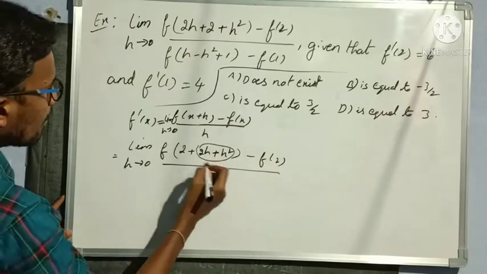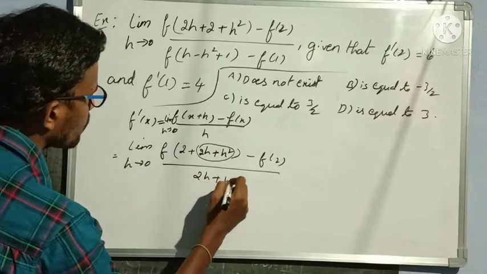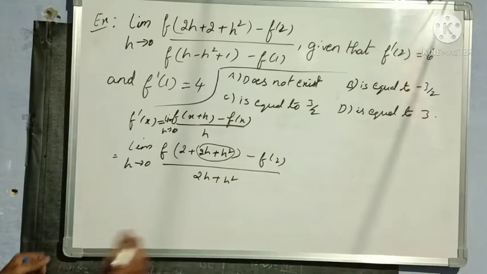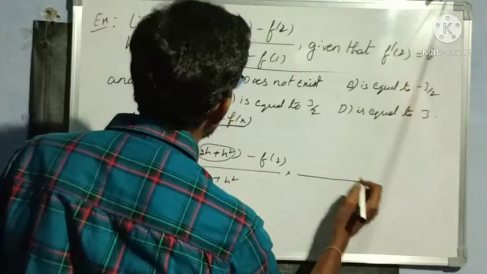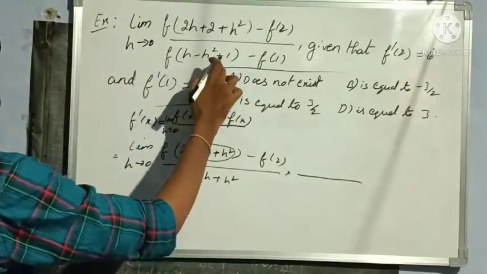So what is the value of h here? 2h plus h square.